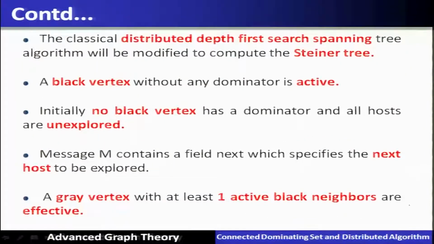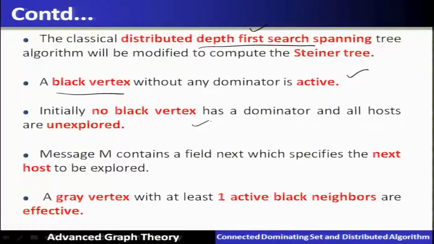Now we will apply a classical depth first search algorithm, the distributed version, that is the distributed depth first search spanning tree algorithm, to compute the Steiner tree in this phase 2 algorithm. Now a black node without any dominator is active. Initially no black vertex has a dominator and all hosts are unexplored.